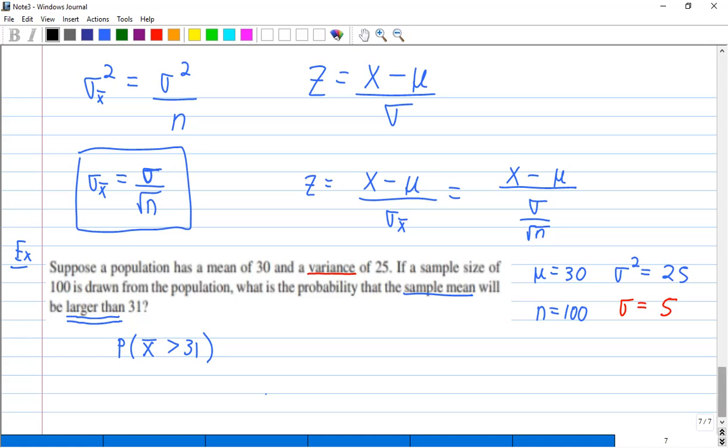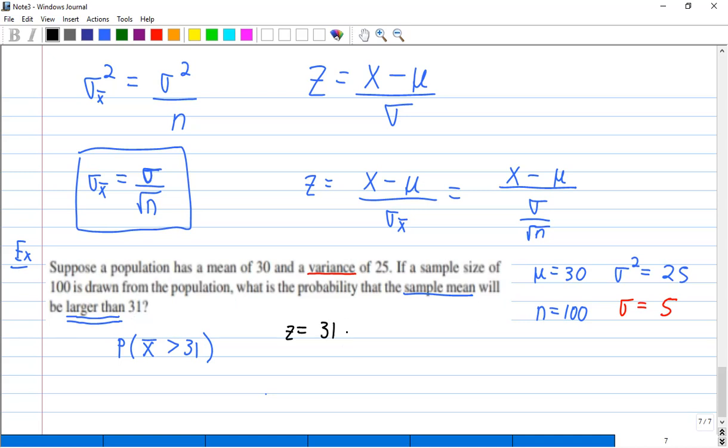All right. So now we're going to figure out the probability that the sample mean will be larger than 31. So we need to figure out a z-score. So how do we figure out our z-score? Z equals x, which for us is going to be x bar, because that's the value that we're talking about from the sample.